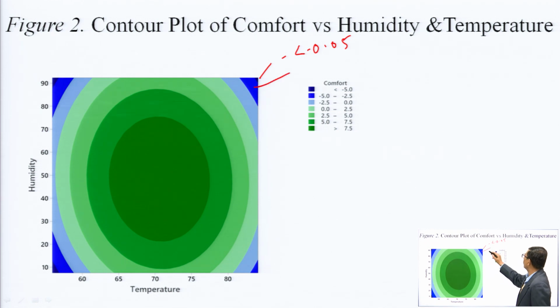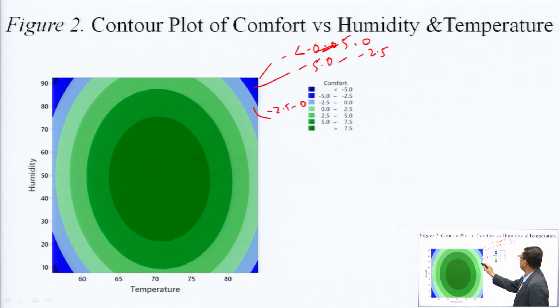This region is for minus 5.0 to minus 2.5, this region for minus 2.5 to 0, and this region for 0 to 2.5, which is now more comfortable.